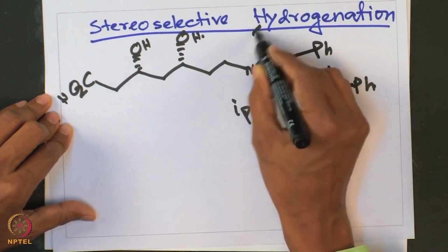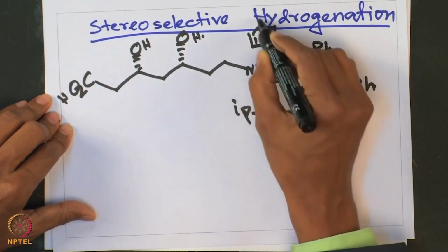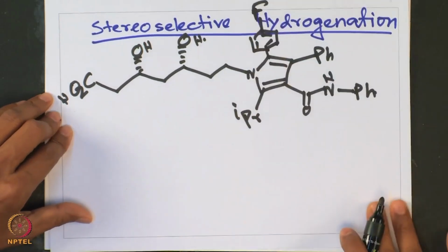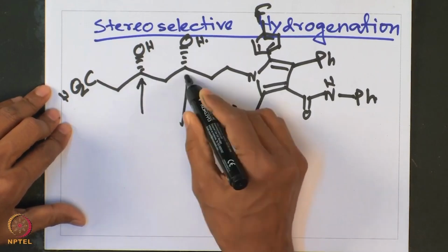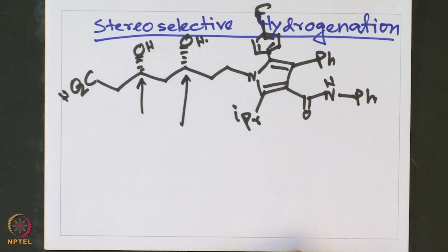Well, you can do a number of ways to synthesize this compound. Now, most importantly, as you can see, these are the 2 stereo centers that perhaps can be generated by asymmetric synthesis.